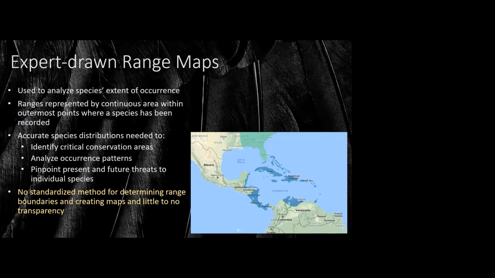And some major organizations, and I won't throw them under the bus by mentioning them, actually have these maps curated by a single person. And a lot of them are based on anecdotal and outdated data. So it's time to kind of start giving these expert drawn range maps a little bit of a side eye.